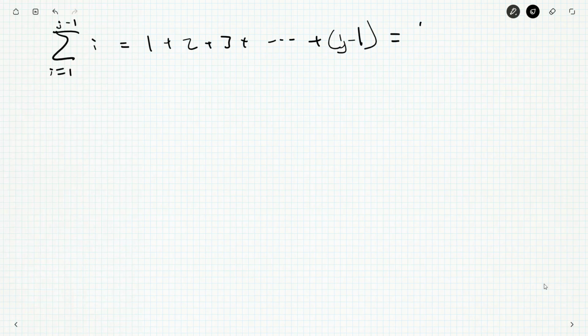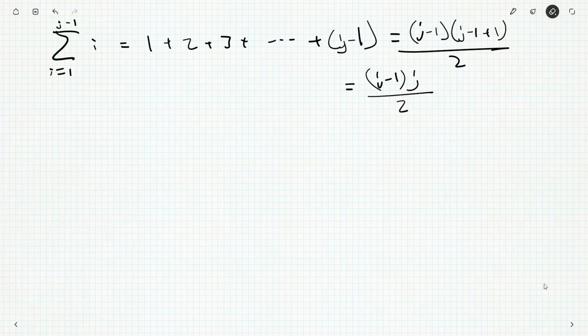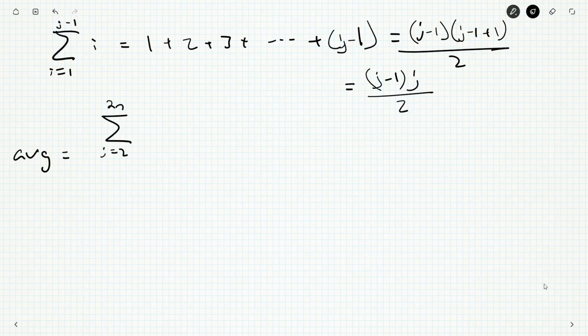And it's a common enough formula that we don't need to justify it. It's whatever number you go up to, that number times that number plus 1, all over 2. So this is (j minus 1) times j, all over 2. Okay, so now my average is the sum from j equals 2, well, actually, j equals 2 all the way up to, I said n, didn't I, earlier?